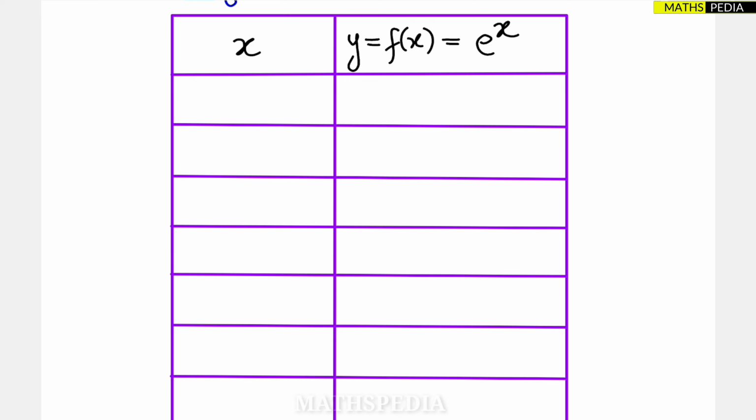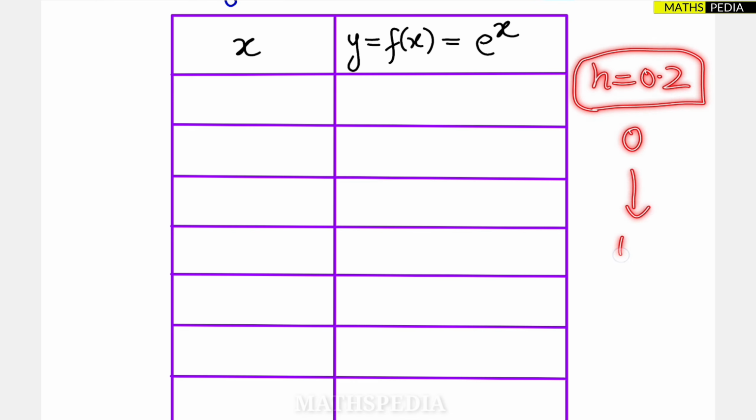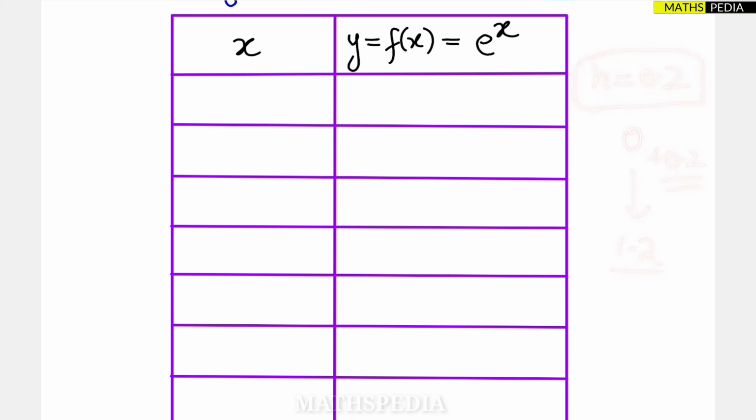Now we got the h value as 0.2. So with 0.2, from where do we have to start? We have to go from 0 to 1.2, so keep on adding 0.2 so that you arrive at 1.2. Simple. Starting with 0, I first write the x value 0, then 0.2, then 0.4, just keep on adding 0.2, okay?